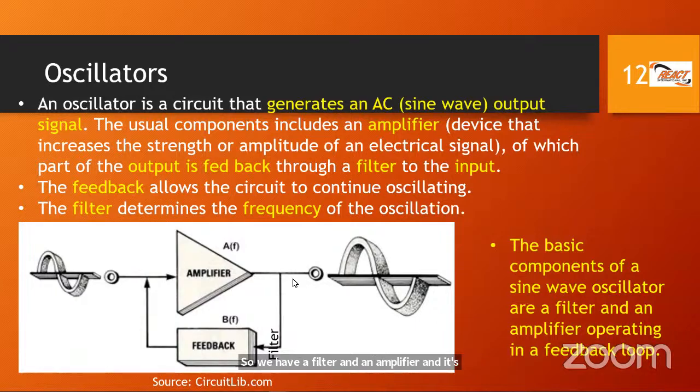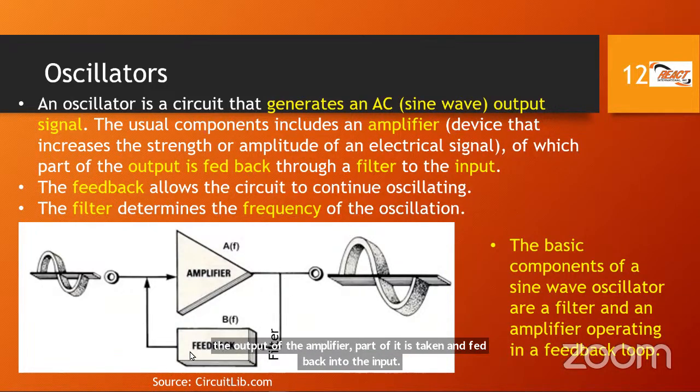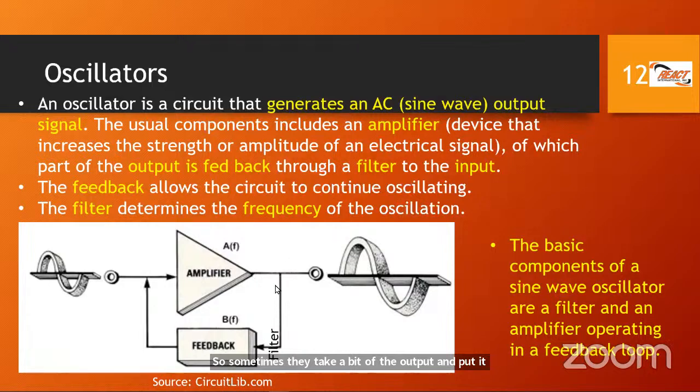All that simply means is that part of the output of the amplifier is taken and fed back into the input. Some of you into automotive know about turbochargers, where they take a bit of the output and put it back into the input, so I guess a similar concept. So that circuit that employs the amplifier with a feedback loop is called an oscillator.